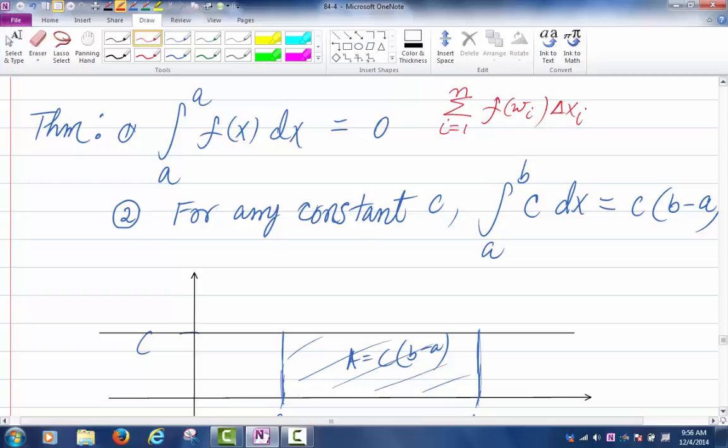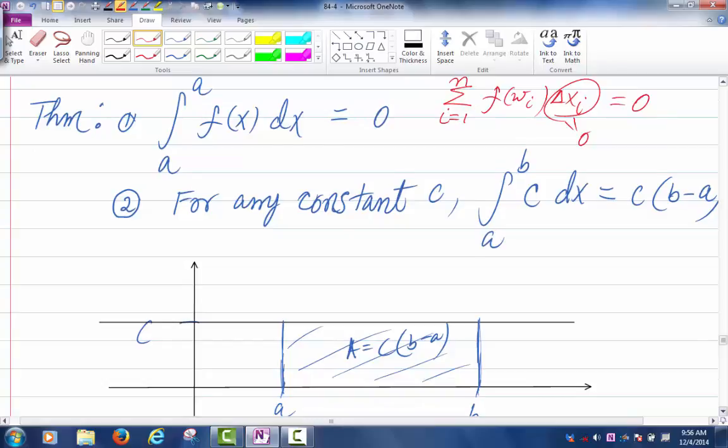But in this case, the whole interval has length 0. So each subinterval has length 0. So each term is 0, which tells you that no matter what partition you have, every single Riemann sum has value 0. So if you take the limit, you get 0. So this integral has got to be 0. Is everybody okay with that?